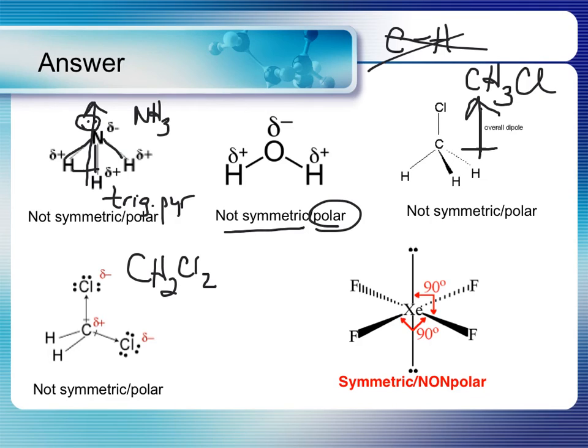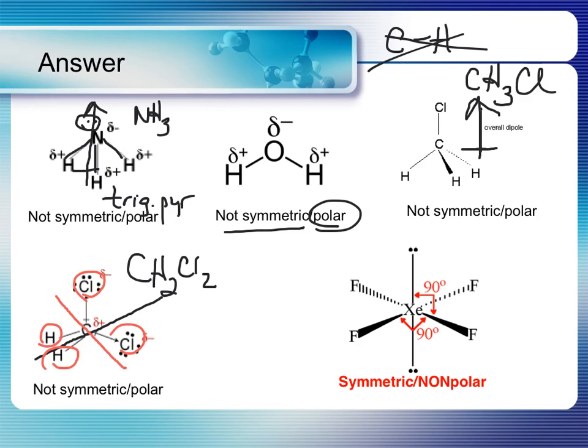CH2Cl2 might be a little bit trickier for you, because if you were to draw one line of symmetry like that, it would look polar. But remember, it has to be symmetric through all lines of symmetry. If you draw a line of symmetry this way to separate these two atoms from these two, all four atoms in a tetrahedral are equivalent.